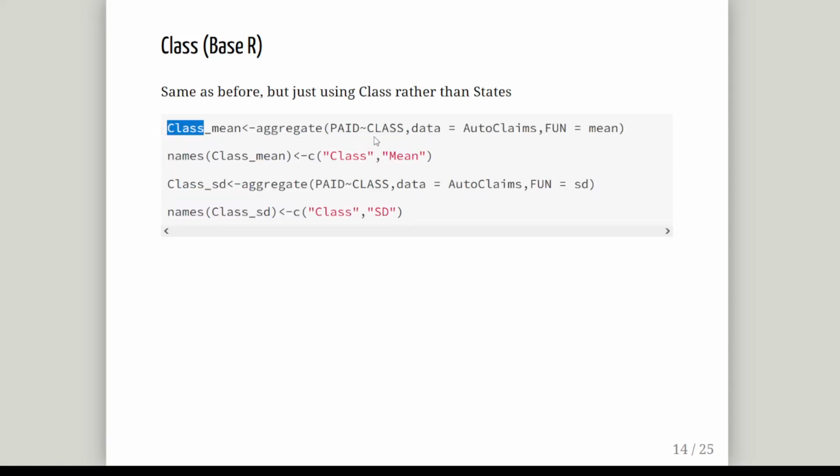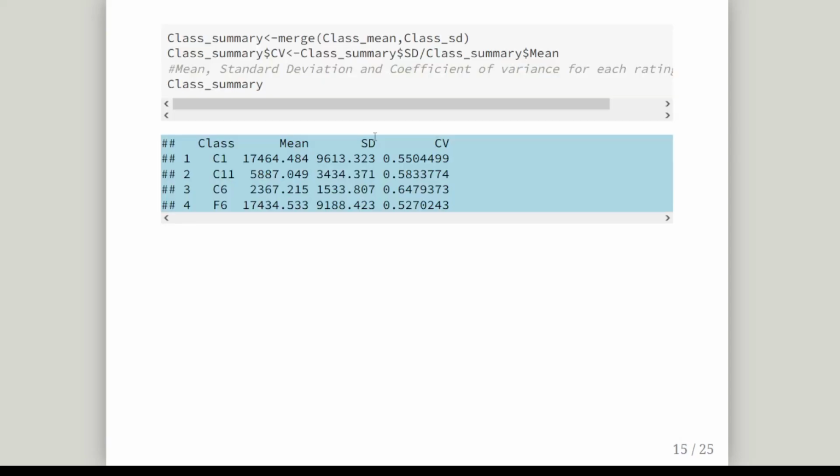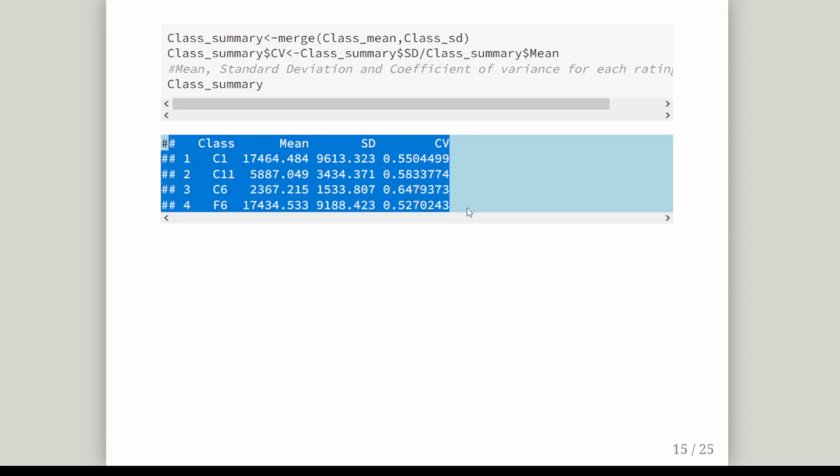It just works the same way, providing the mean and the standard deviation for each category of the class variable. Just merge them together, divide standard deviation by the mean to add in this CV variable, and there we have it.